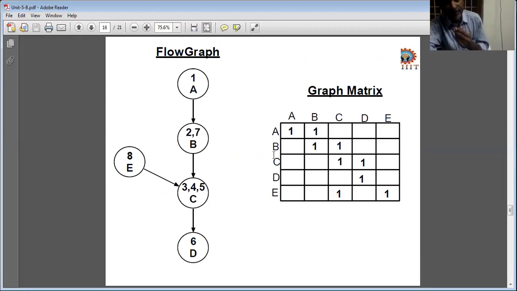From the principal diagonal you put 1, then A to B is 1, B to C is 1, then C to D is 1, then E to C is 1, and E to E, that is principal diagonal, is 1. And place the entry here.